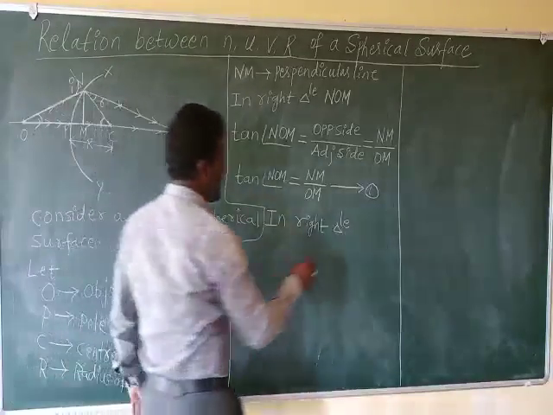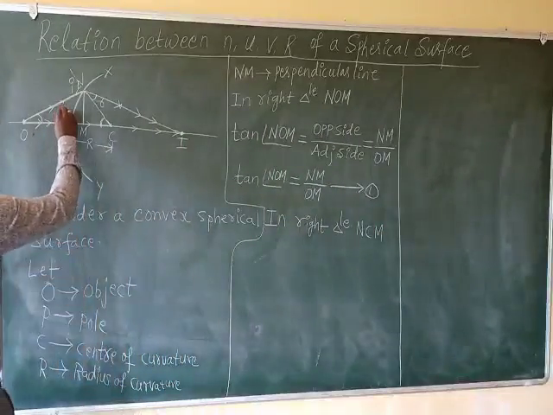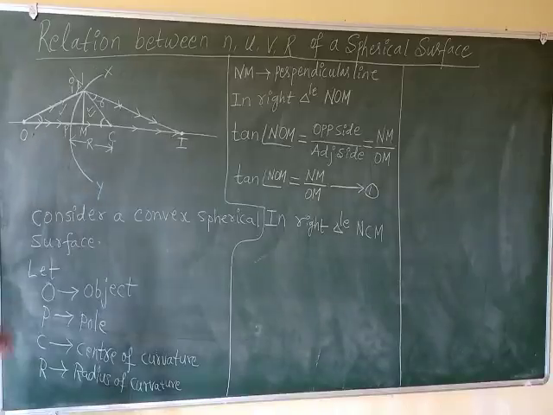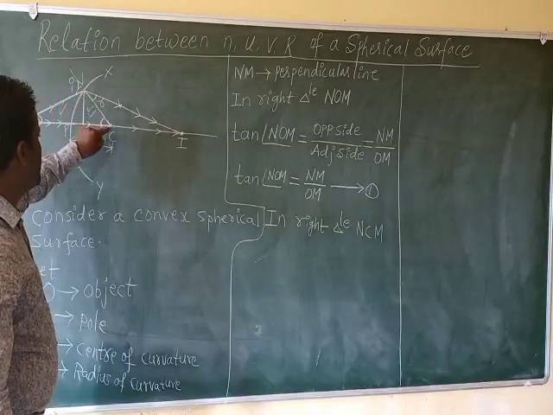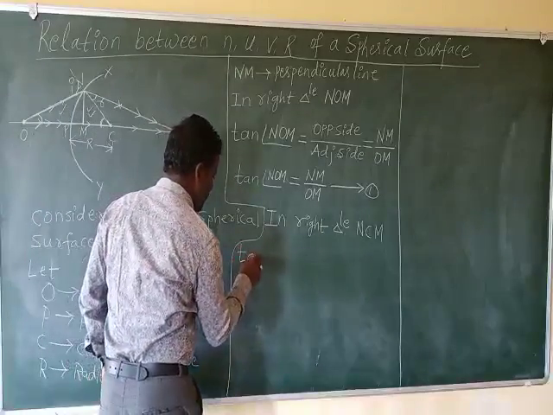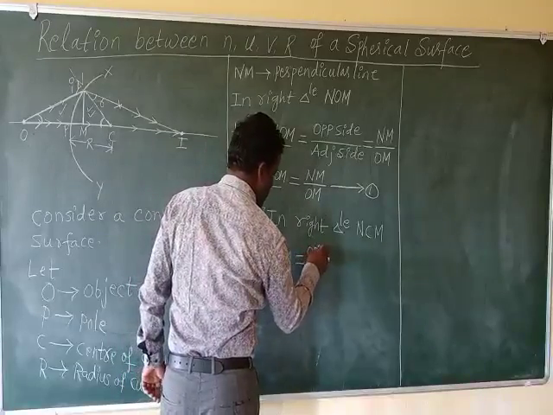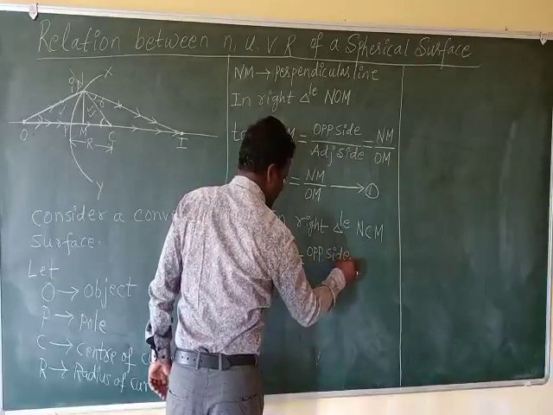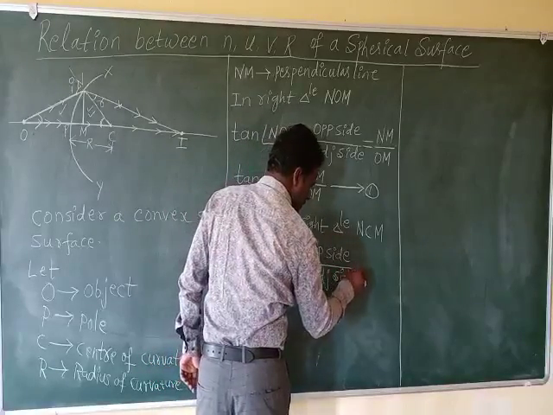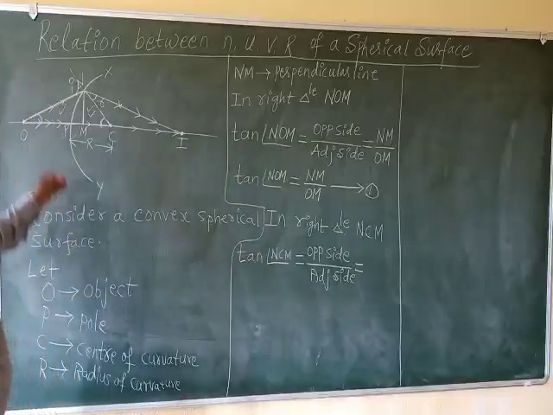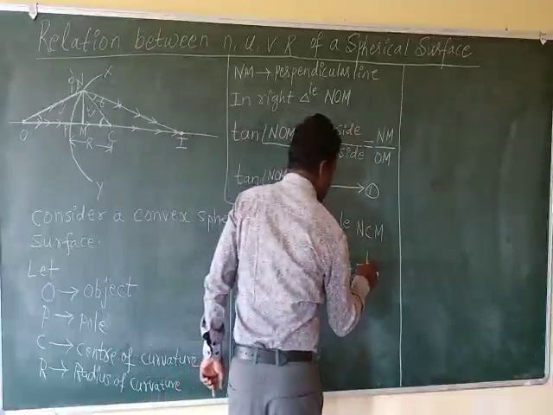In the right angle triangle NCM, tan of angle NCM is opposite side by adjacent side. Here the opposite side is NM and the adjacent side is CM or MC. NM by MC.